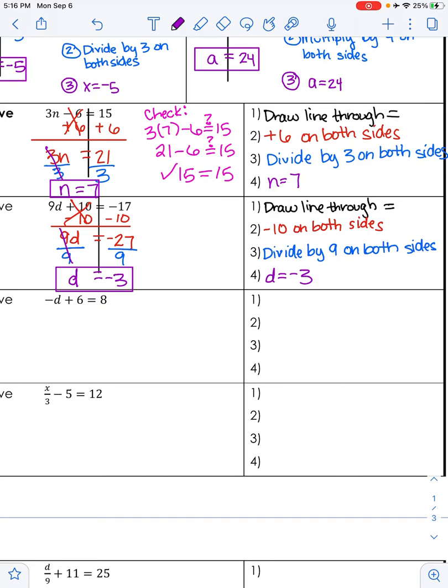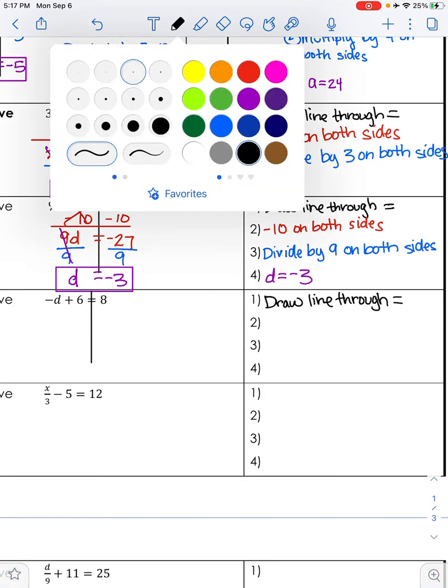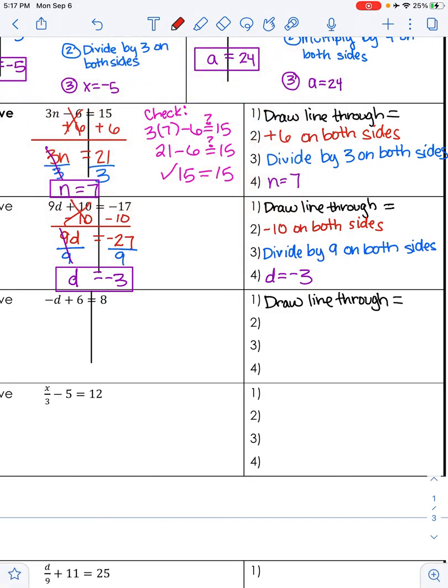Okay, moving on to example 5. This one might be a little tricky for us, so it's always nice to practice it. So step 1, draw a line through the equal sign. Okay, so we always want to start by moving our constant.